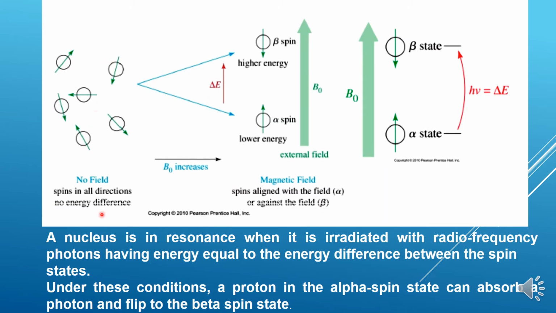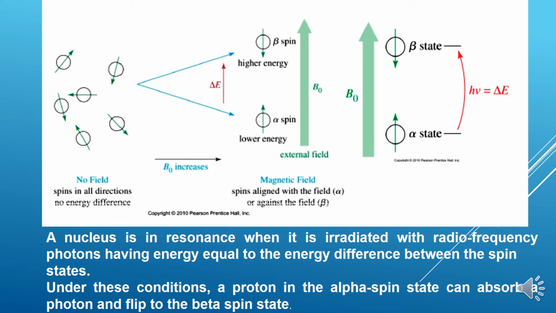Here it is represented schematically. Suppose we are not applying a field or magnet. The spins are arranged in all directions randomly, and there are no energy differences. Suppose we apply an external field; they are systematically arranged.